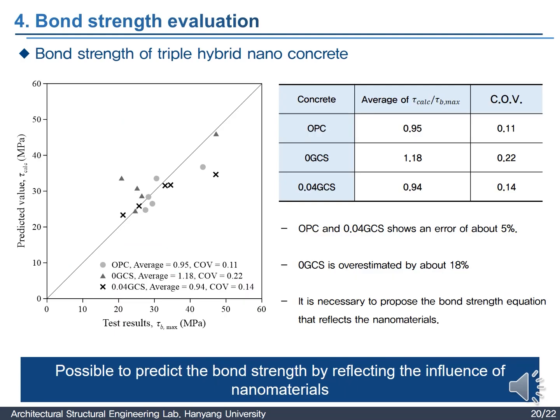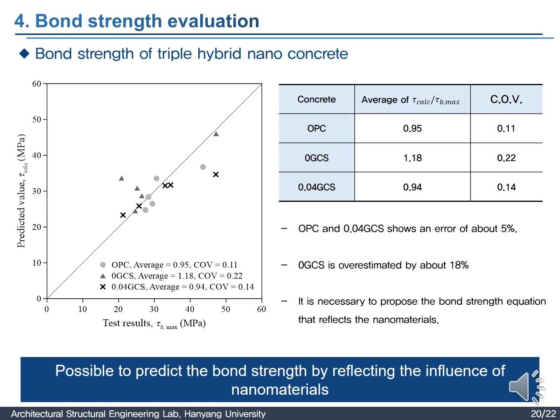As a result of calculation considering the mechanical interaction and frictional force, the calculated bond strength of OPC and 0.04 GCS showed an error of about 5% from the experimental value. The calculated value of 0 GCS was overestimated by about 18% compared to the experimental value.